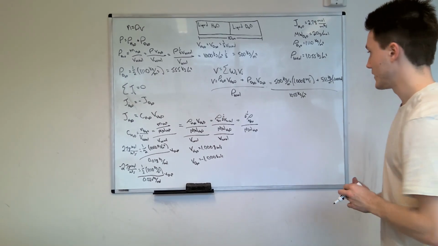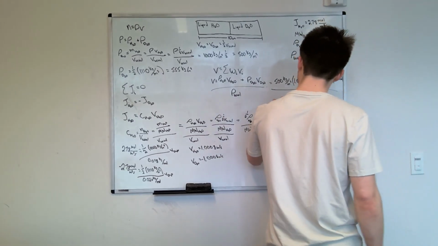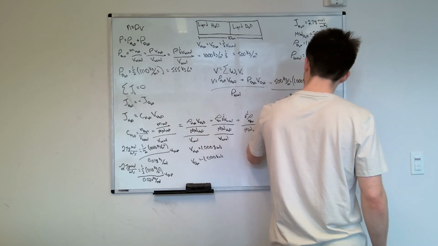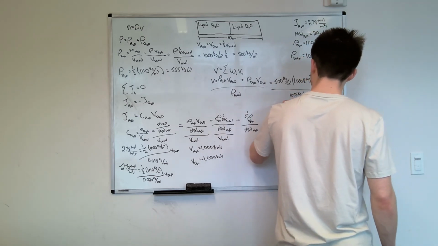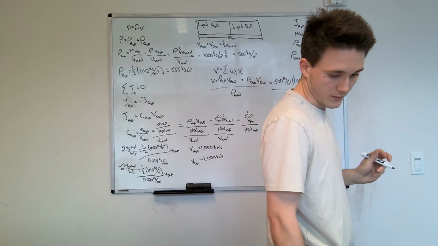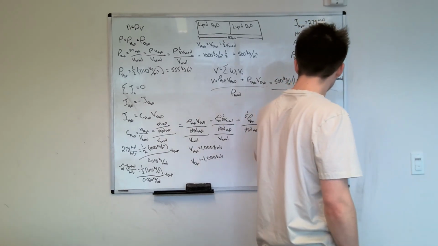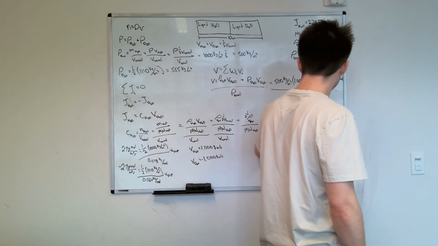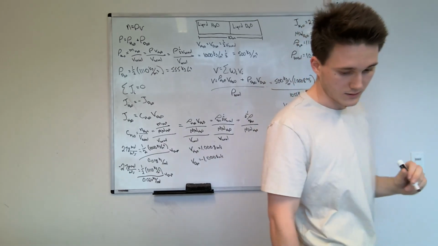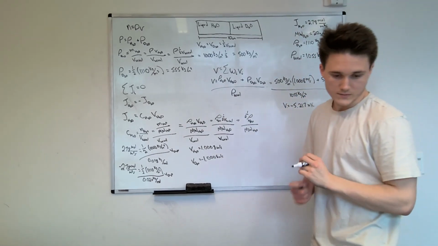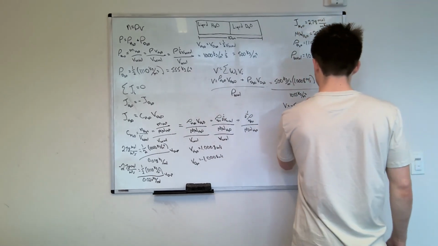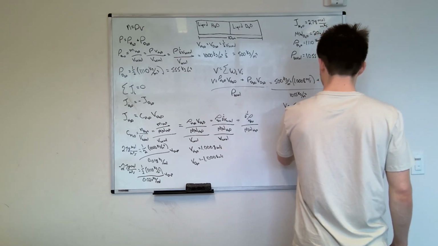And that value is negative 5.217 times 10 to the negative 6 meters per second.